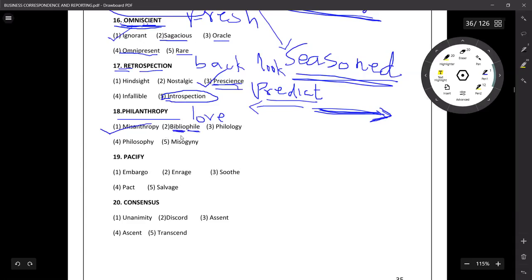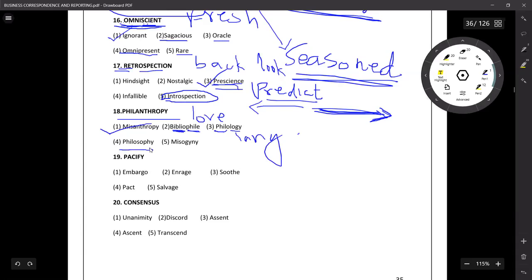Correct. A bibliophile is a person who loves books. Philology. Who's a philologist? You told me, ma'am, we know Korean, we know French, we know Sanskrit. You are a lover of languages. Logy, you love studying languages.